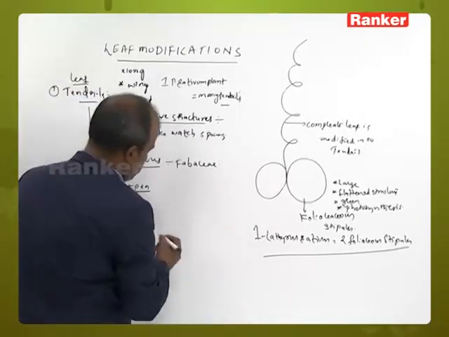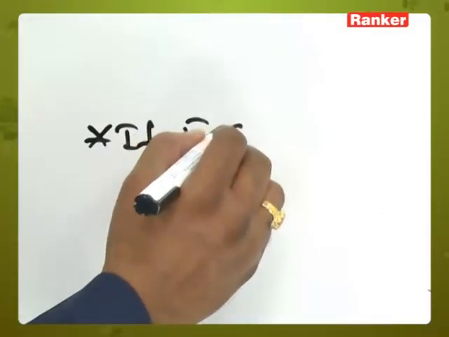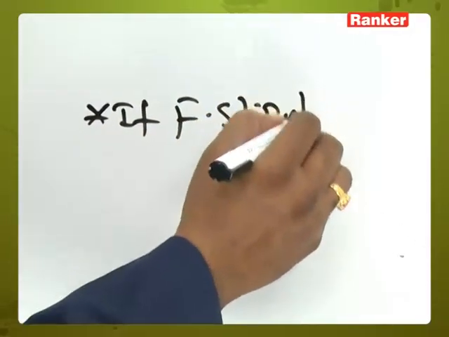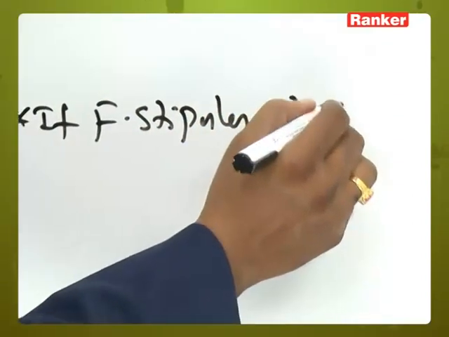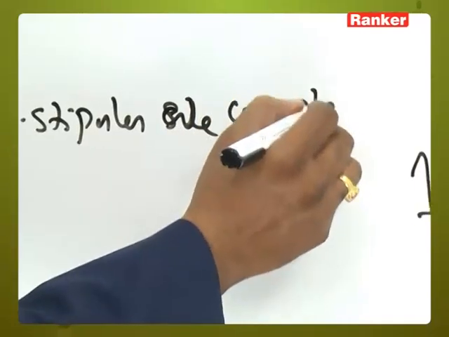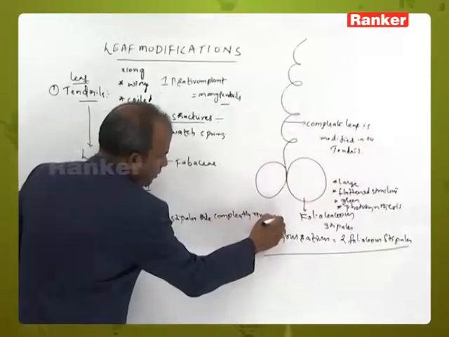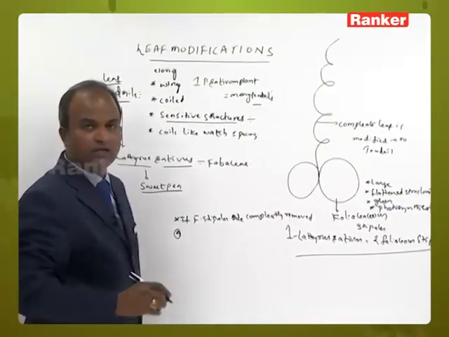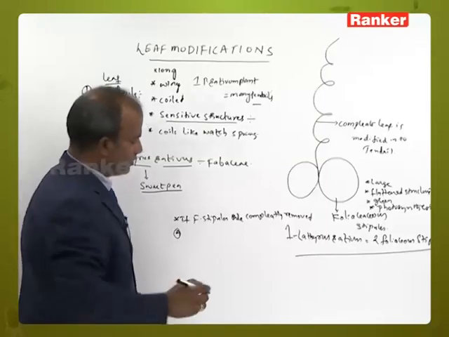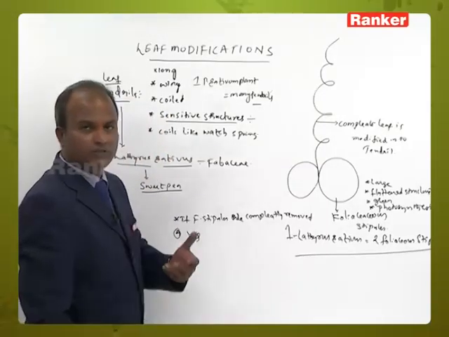Now in this Lathyrus sativus, if foliaceous stipules are completely removed, tell me whether the plant will undergo death or not. Yes, the plant will undergo death. What is the reason?